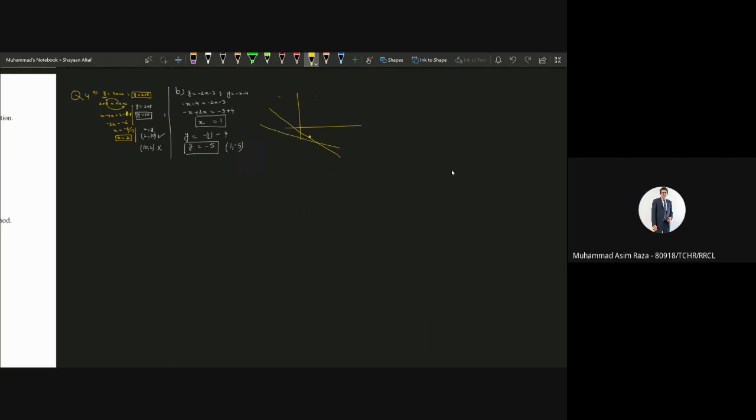And it would be something like this. So this is the point of intersection. So this point is basically 1 and -5. So when we say solve two equations simultaneously, actually we are saying find the point of intersection. Everything has a hidden meaning.